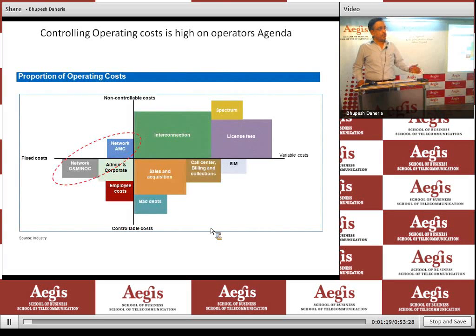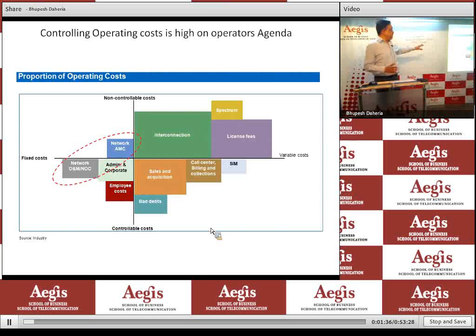Because the name of the game is how do you remain competitive, and there could be only infrastructure providers or there could be end-to-end service providers including infrastructure.